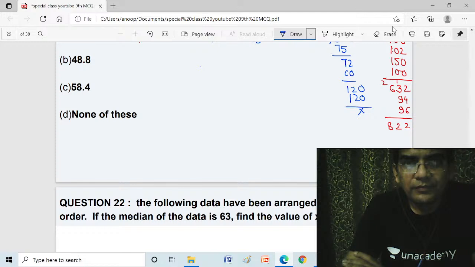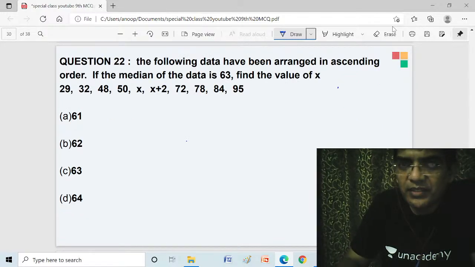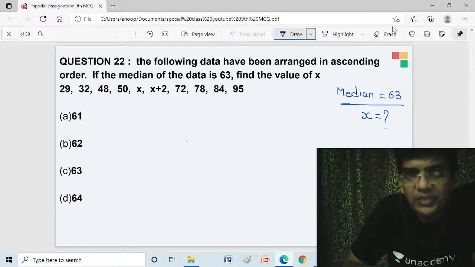Now here they say in the next question, the following data have been arranged in ascending order, and the median of the data is already given. So in this question, median is already given. So median is given 63. Median is already given and the question says you have to find x. Now how do we apply the formula for the median if the observations are arranged?